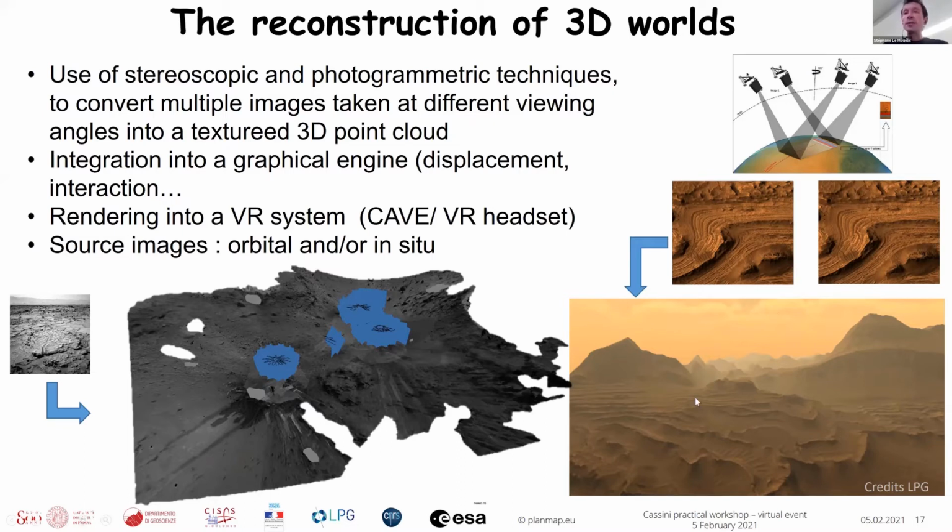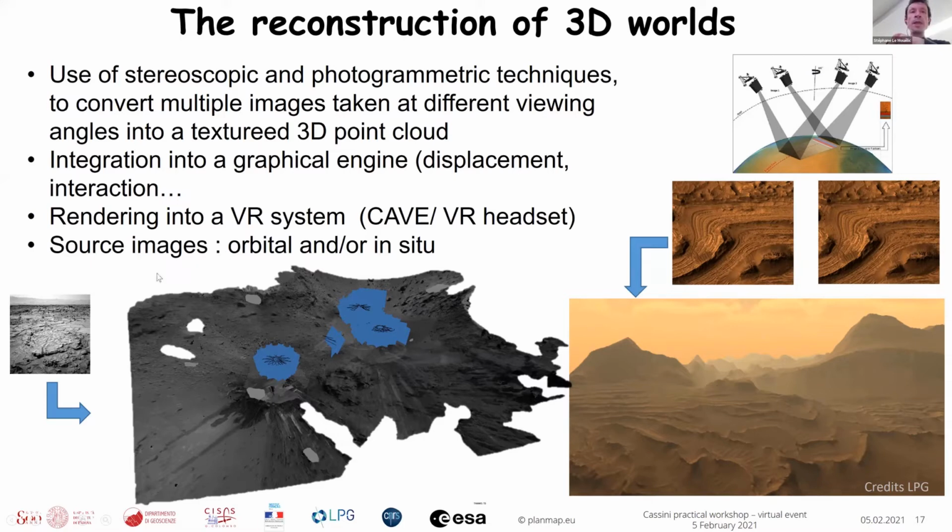And once you have created your digital elevation model, you can drop the texture of your image on the digital elevation model, and then you get your 3D world. So you need to integrate this into a graphical engine in order to render in real time the lighting conditions and be able to move in this system.